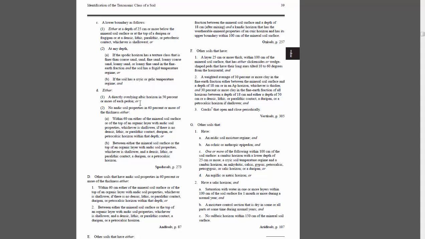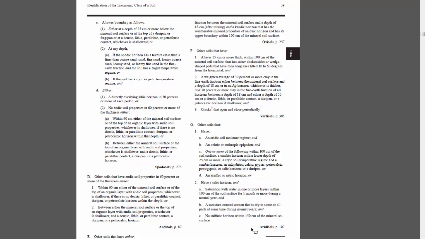They're talking about the possibility of albic. Then they talk about andisols, and then they talk about oxisols, and then vertisols, and then aridisols. So aridisols comes out with an aridic soil moisture regime and an ochric epipedon and a cambic horizon or other kinds of subsurface diagnostic horizons.